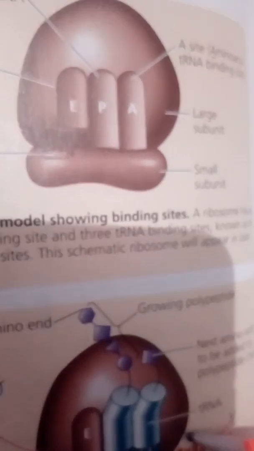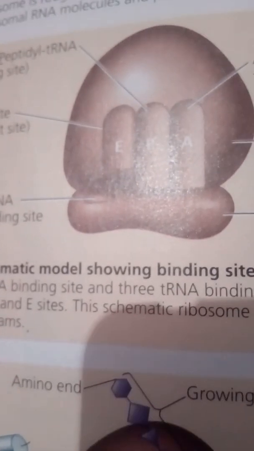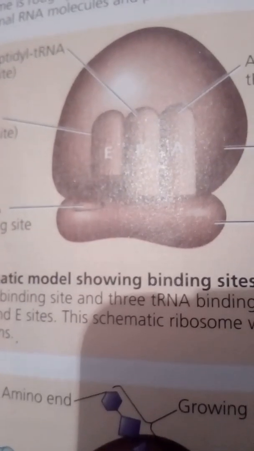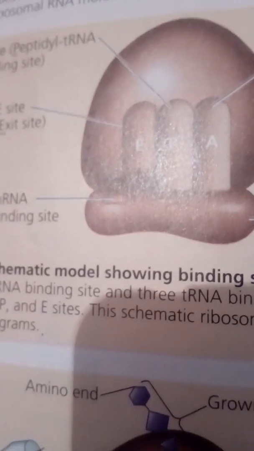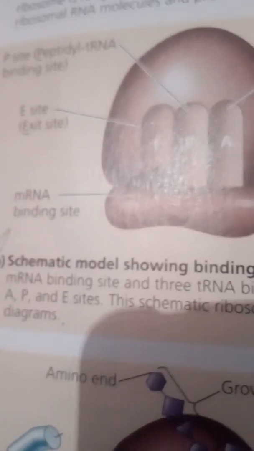The P site, the peptidyl tRNA site, holds the tRNA carrying the growing polypeptide chain, while the A site, the aminoacyl tRNA site, holds the tRNA carrying the next amino acid to be added to the chain.